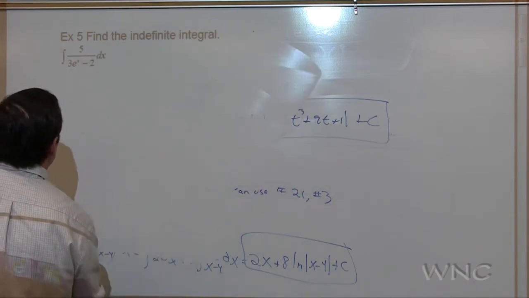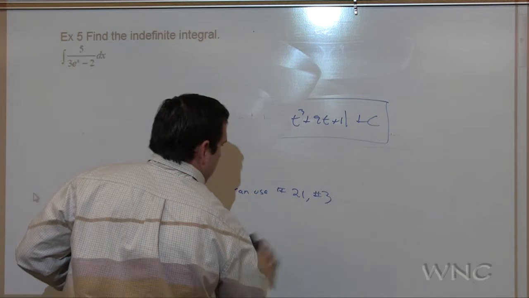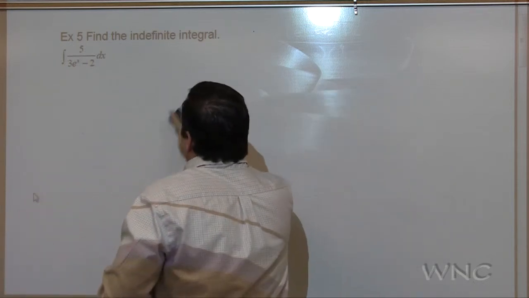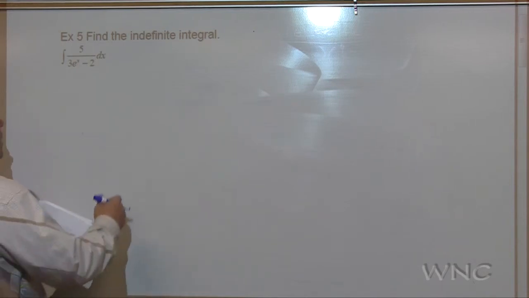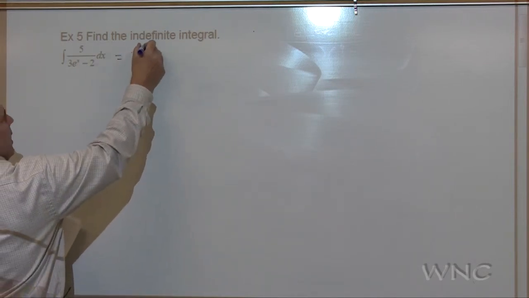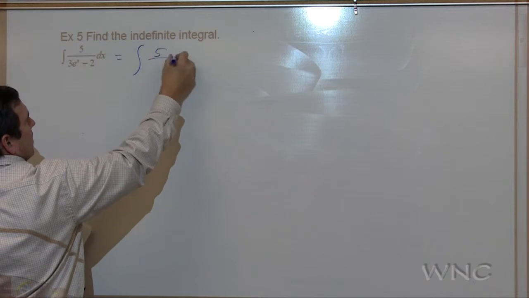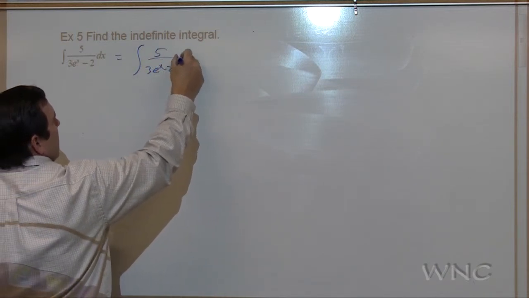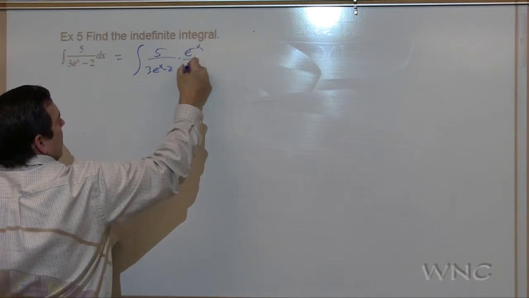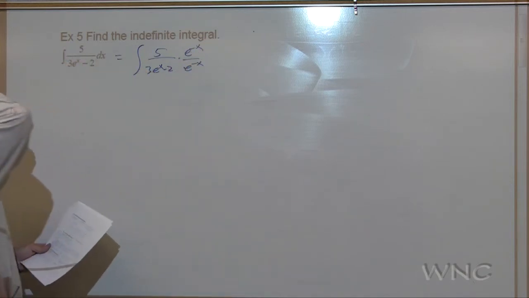We have the integral of 5 over 3 e to the x minus 2 dx. We might need to manipulate things once in a while. Think of this as 5 over 3 e to the x minus 2, and multiply by e to the negative x over e to the negative x.